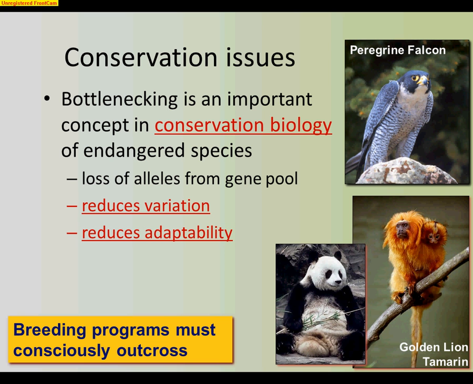If you begin to lose some of your variation, you don't have genes that will help you to adapt. And so for some of our birds of prey and pandas, breeding programs have to consciously try to bring in more and more variation to help to preserve that species.